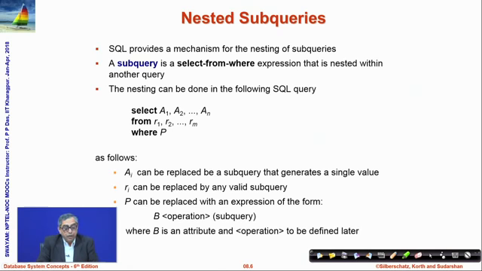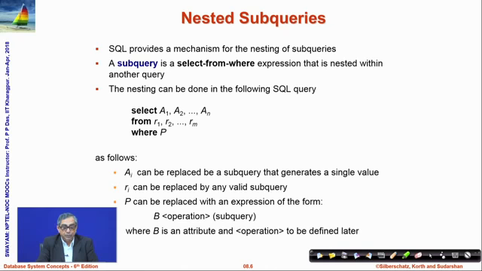So, that is a nested subquery. The nesting can be done in one or more of the three clauses that a select from where SQL query has. An attribute can be replaced, a relation can be any valid subquery, or a subquery could form part of a predicate in the where clause.